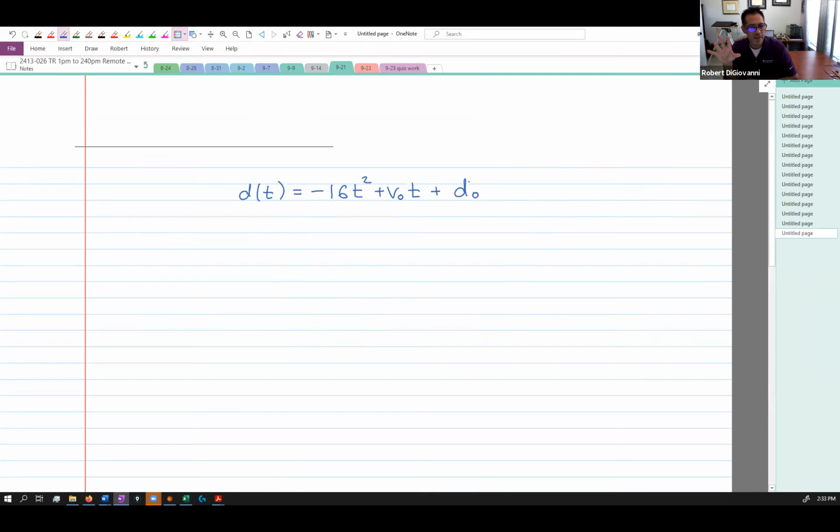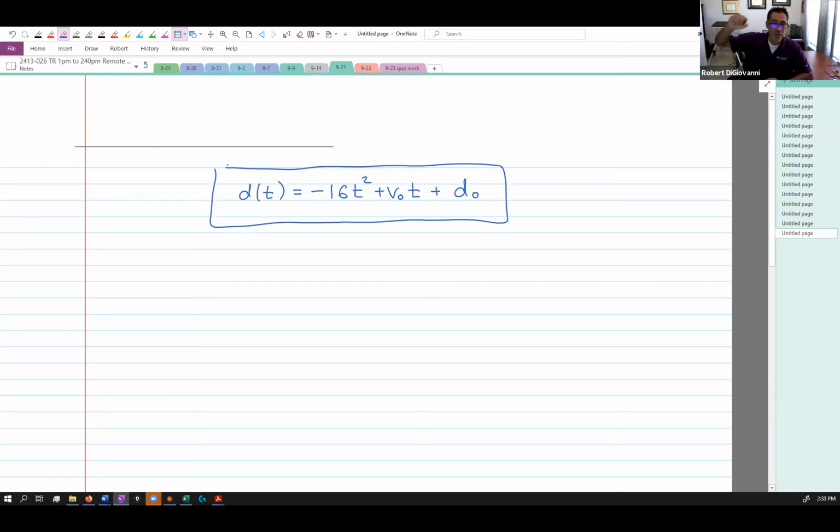Anyone remember seeing something like that ever? No? Okay, don't worry about it. This is actually the function that gives you the position of an object if you drop it on Earth. Okay, so t is time. The function measures how high this object will be.